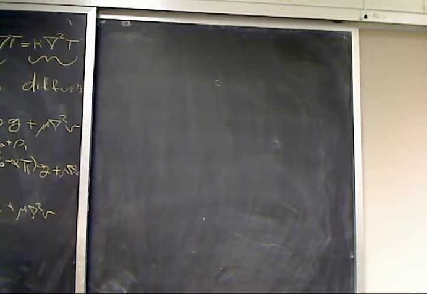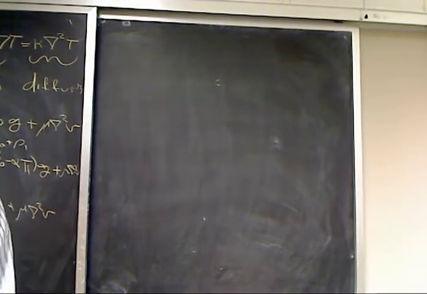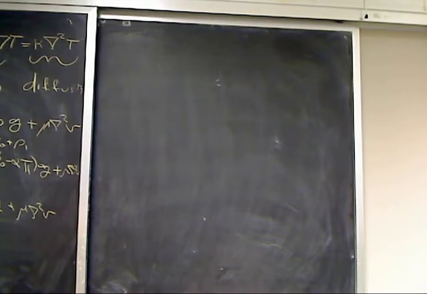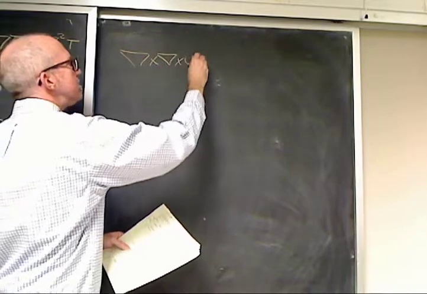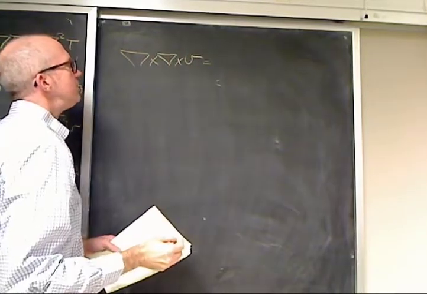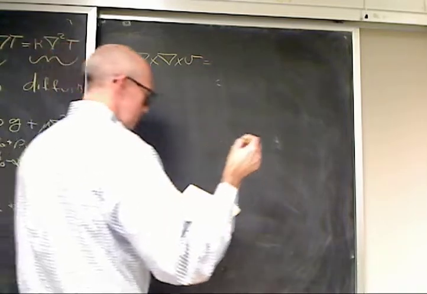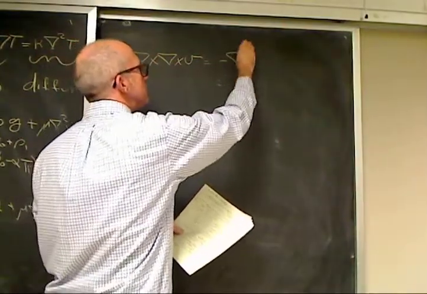And did I leave better notes in this? Yeah. So I take the curl of this equation twice, and we're going to use the fact that del cross del cross v is just minus del squared v.